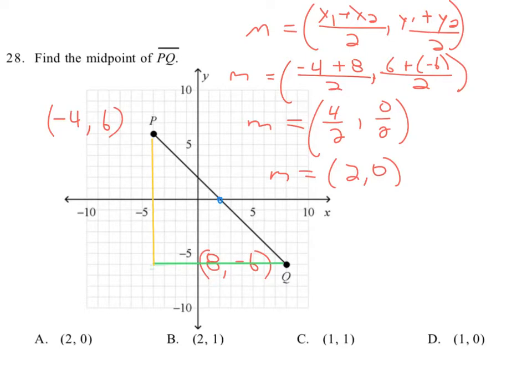And what I want to figure out is how many units did we go up and down in the y direction? We were down at -6, and we went all the way up to 6, so that was 12. That was 12 units that we changed there. And how far did we go in this direction? For green, we were over at -4, we went over to 8, so we went a total of 12 in that direction as well.